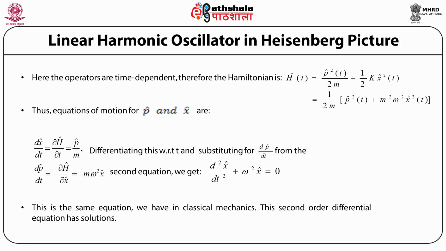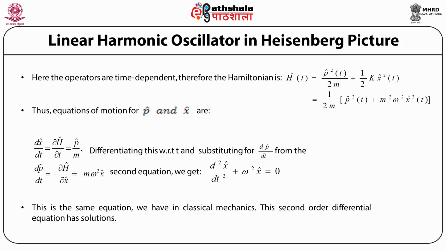Thus, the equations of motion for the momentum operator p and the position operator x are: the derivative with respect to time of the position operator x is equal to the partial derivative with respect to the momentum operator p of the Hamiltonian operator h, and this is equal to the momentum operator p upon m.